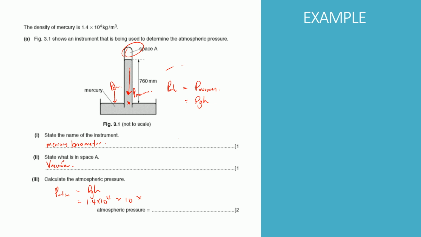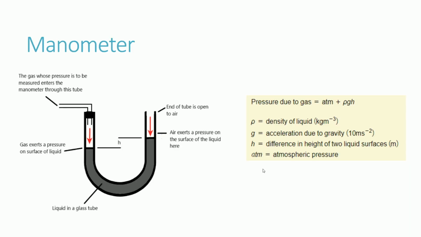So if you divide that by 1,000, you get 0.76. And so therefore, when you calculate that, you get 1.1 times 10 to the power of 5 pascals. Okay, so I hope that makes sense for you.